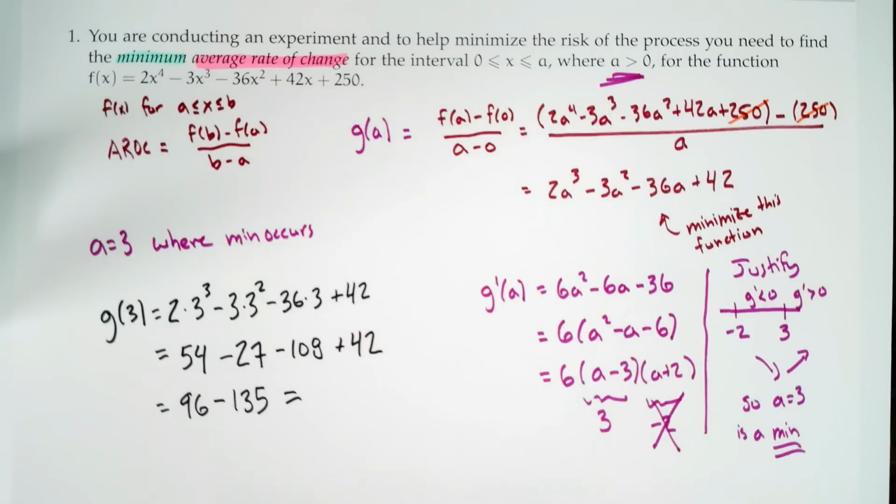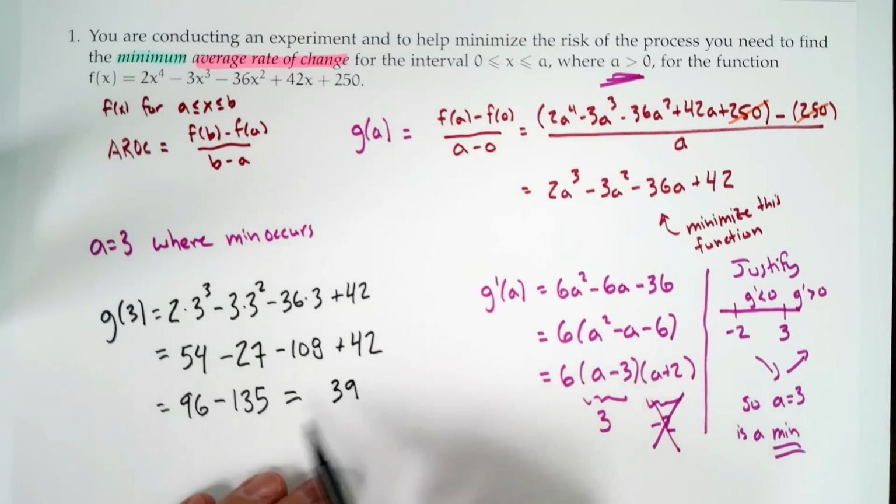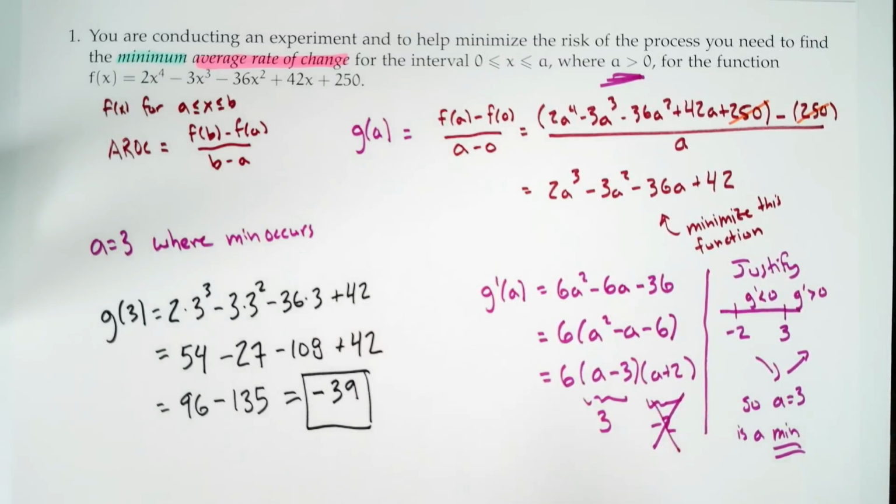It only takes me 4 to go from 96 to 100, and then 35 more to get up to 135. So that would get me up to 39. Of course, if it was the other way around, if I flip, that's negative 39. And therefore, that is our minimum average rate of change. All right. Well, now we know. Good. So, next one.